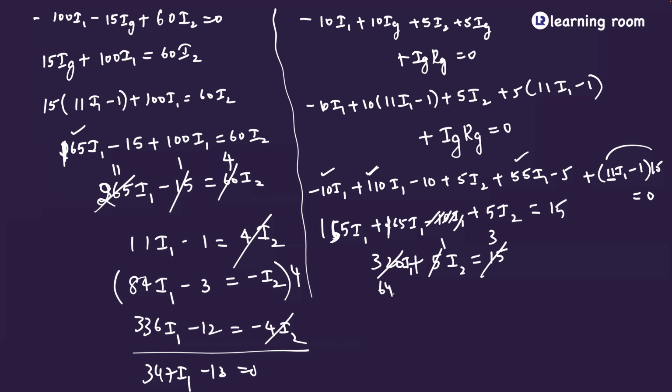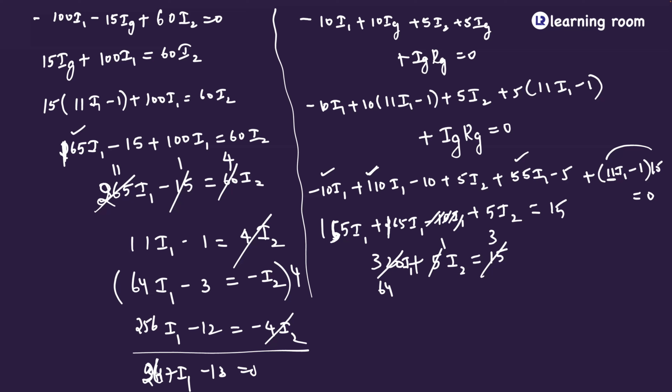So this should be 64 then. So when this is 64, then this will become 256. This is 64. This will become 256. So 256 plus 11 is 267.